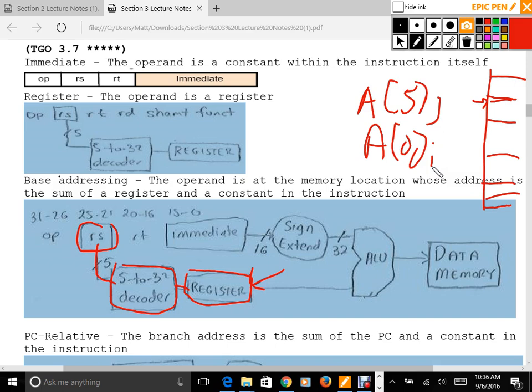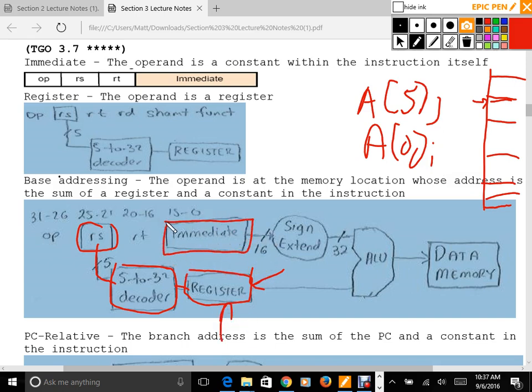And so if it starts out at house 1000 and you need to get to house 4000, there are 4 blocks. You know I need to go 4 blocks in order to get to the specific location. That is the immediate value. That's how far down I need to go down the street. So this is where the street is, and this is how far I need to go down the street.